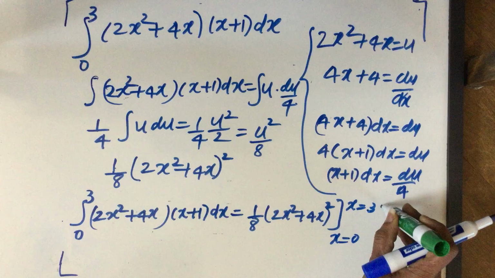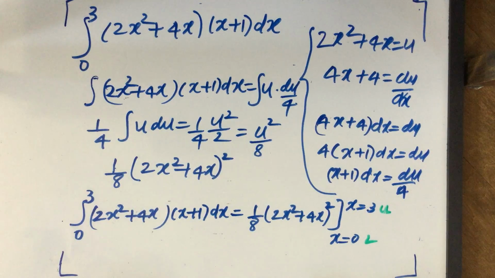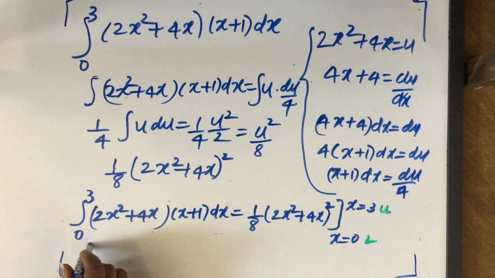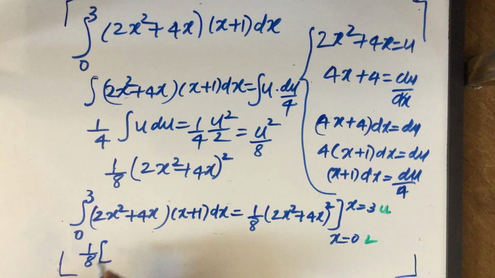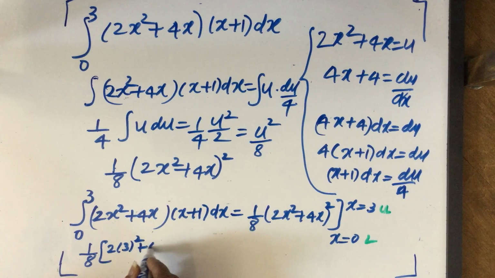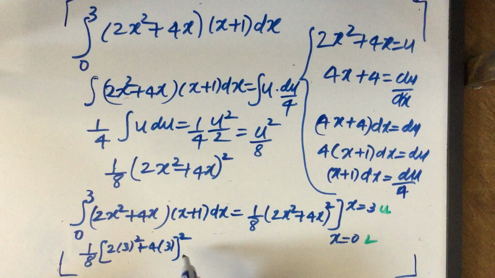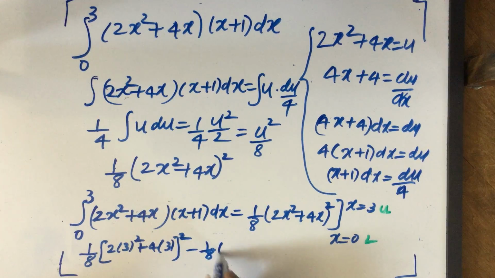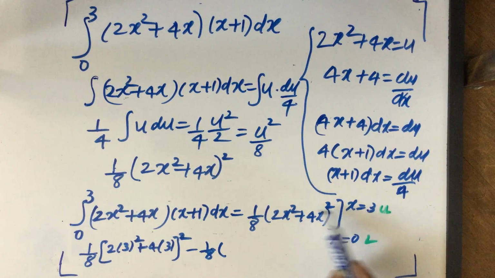So this is the upper and this is the lower. Now you're going to plug in the values, which is 1 by 8 times 2 times upper value 3 square plus 4 times 3, now the whole thing is squared, minus 1 by 8. For the upper we put 3, so 3 square, then 4 times 3.